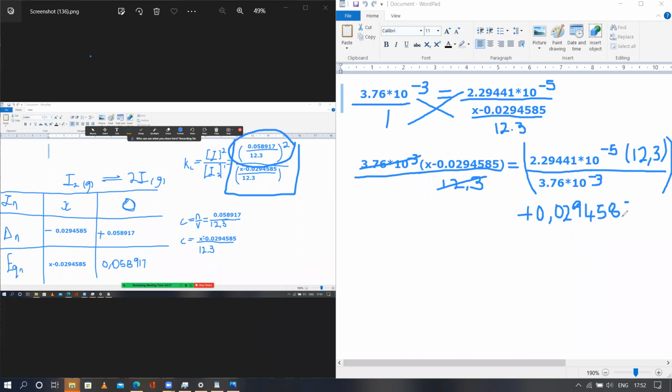I usually do this in order to avoid converting too much and my answer being a bit more off. So if you just type all of that into your calculator, you should get the correct answer.